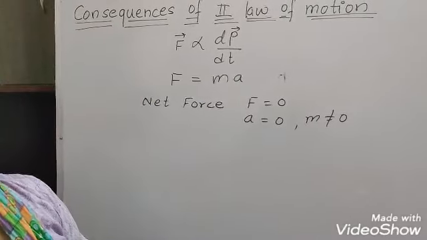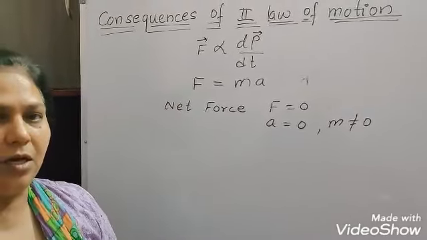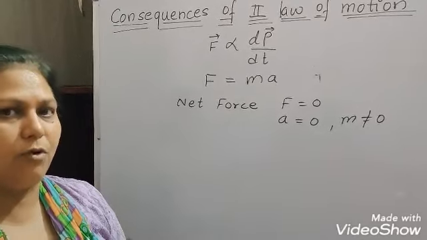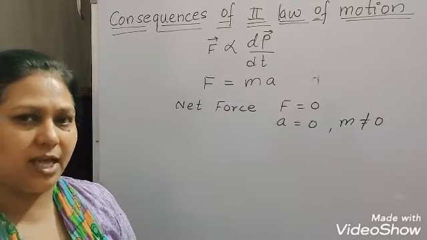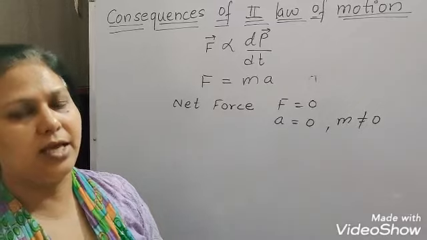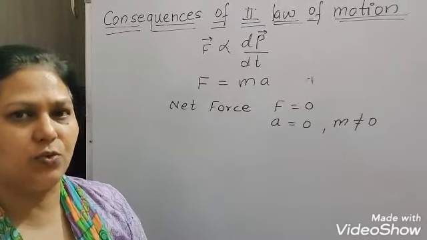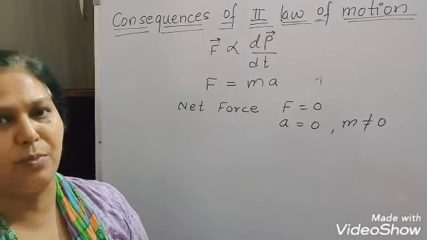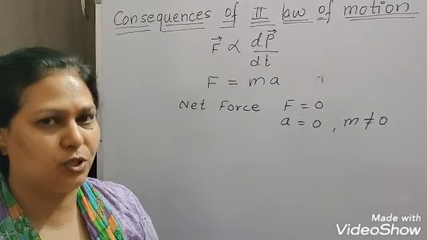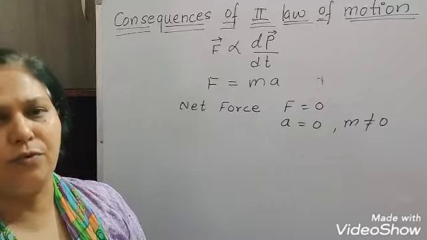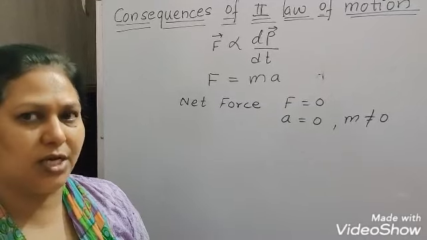Ultimately, it is indicating Newton's first law of motion, which states that if any external force is absent, the object will remain in its rest position or in uniform motion in a straight line.